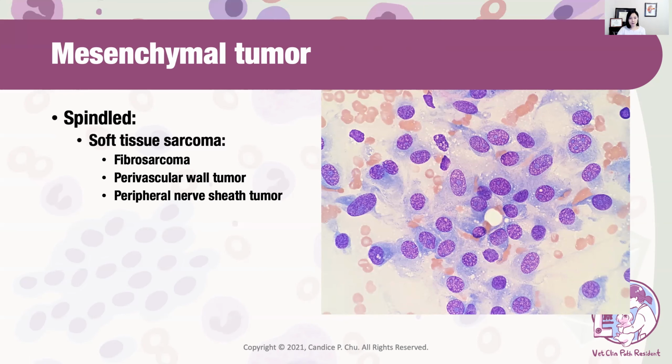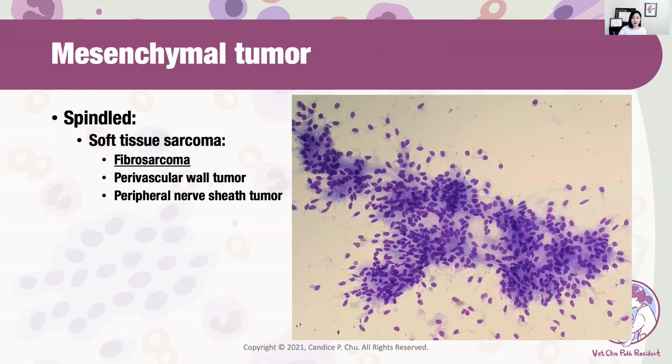There are three specific types of sarcoma under the category of soft tissue sarcoma. We cannot distinguish them on cytology, but sometimes there are features that suggest it would be more likely to be one of these three sarcomas. For example, if the cells are really elongated and really wispy looking, then they're more likely to be fibrosarcoma.